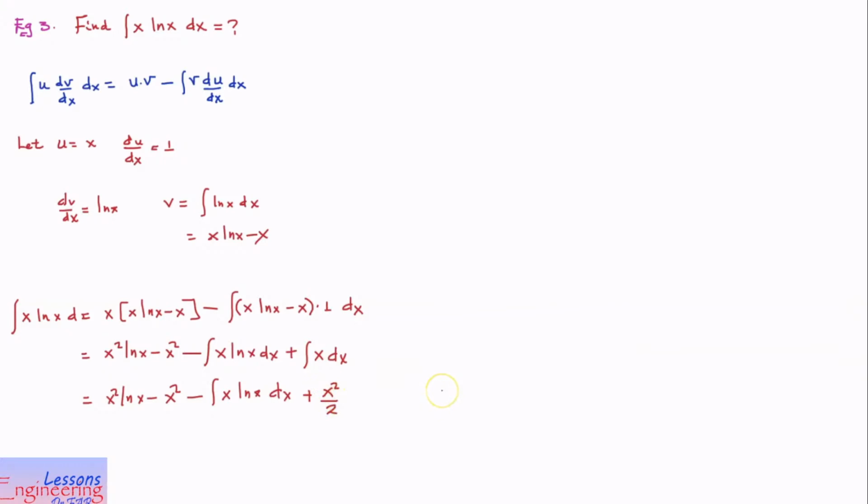I'll choose that constant to be 0 for now, and so x squared ln x minus x squared plus x squared over 2 minus the integral of x ln x dx. Now you can see that this item is pretty much this item here.